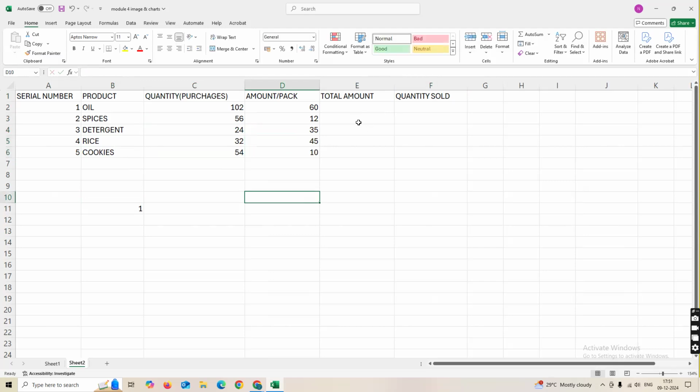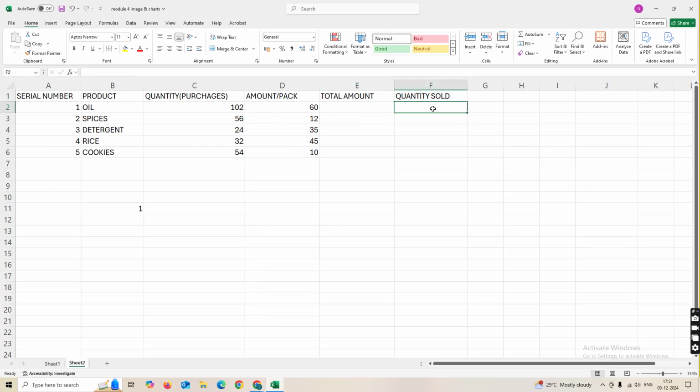Just make a small data set of at least 6 or 7. Make sure we have the total amount, we have the quantity purchased, and we have to mention the quantity sold. Total amount we have to calculate.